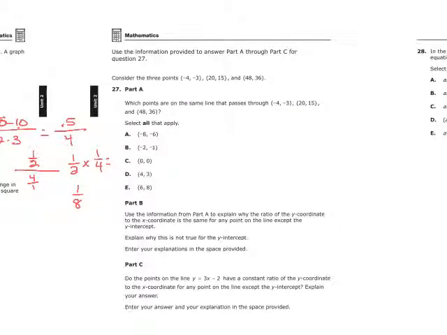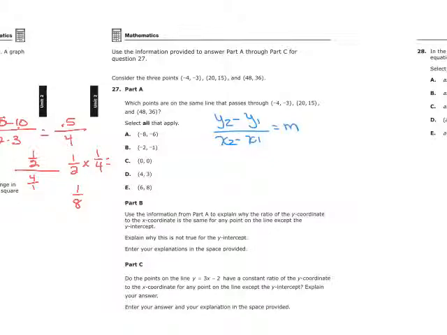Okay, next we have 3 points. You only really ever need 2 points to establish slope. So we'll just take 2 of them and we'll say y2 minus y1 all over x2 minus x1 is equal to m, which is slope.